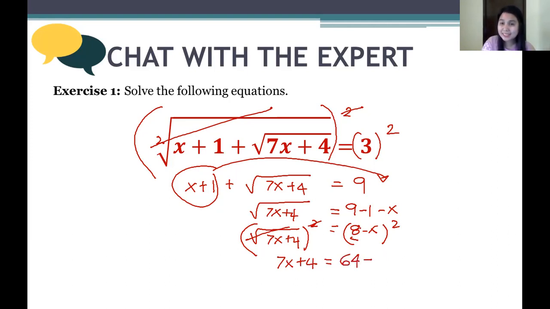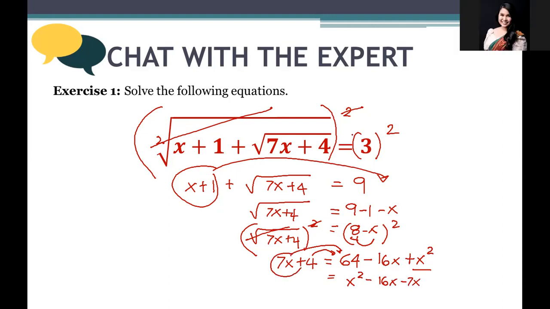Minus twice the first and the last. 8 times x is 8x. Times 2, we'll get 16x. Plus square the last. We have a quadratic expression. So you transfer the rest to the other side. We have, let me just arrange it, x squared minus 16x minus 7x from here.